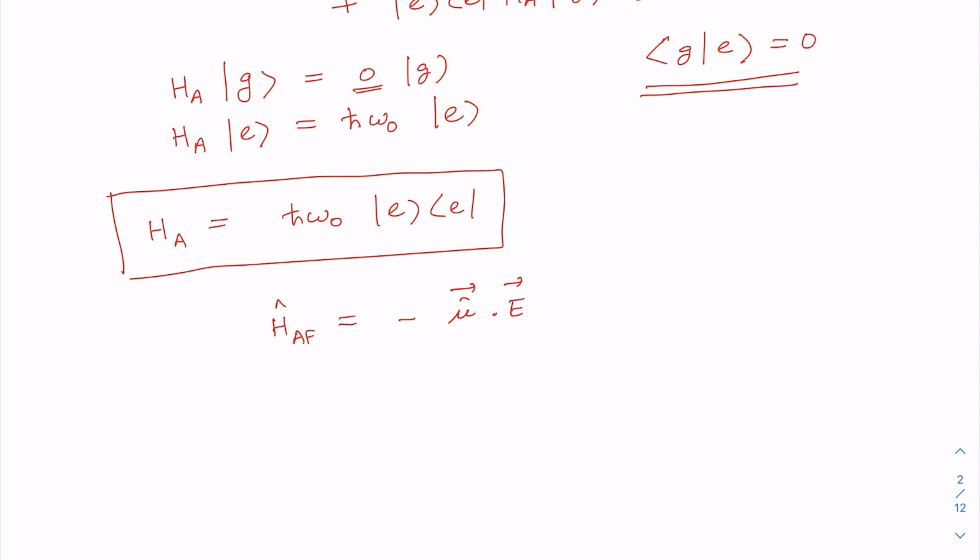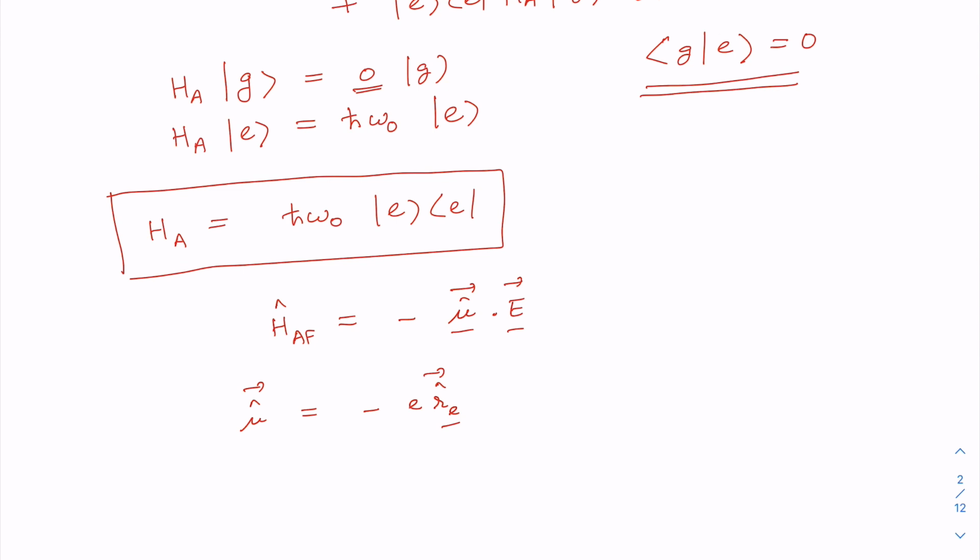While writing it, the electric field is considered as classical and the atom is considered as quantum. The dipole moment operator mu is equal to minus e R_e for a single electron atom, with R_e denoting the position operator of the electron.